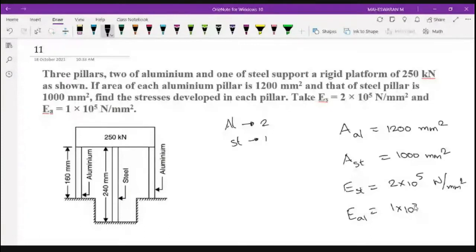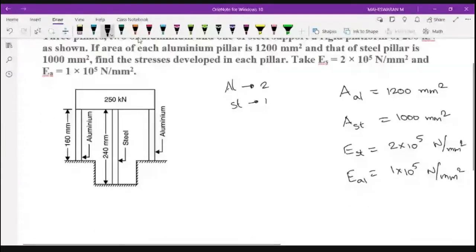The load is also given in the figure. The load is around 250 kilonewton. So I will write it here: your force P is 250 kilonewton, 250 into 10 power 3 Newton. And you have different lengths.